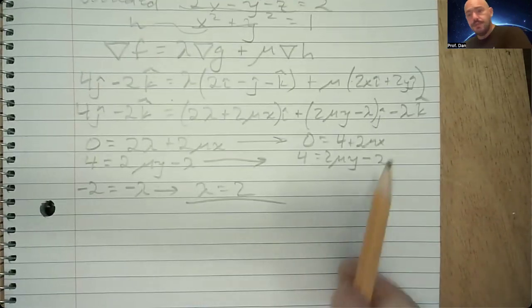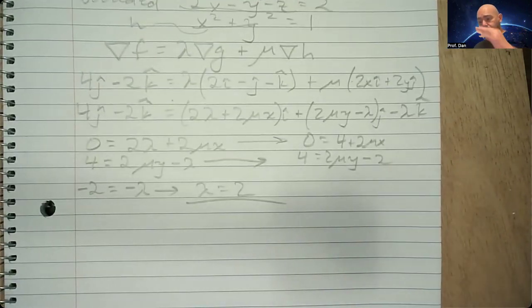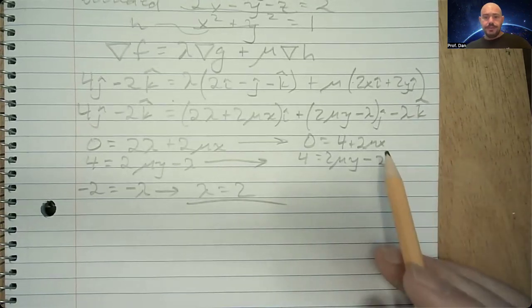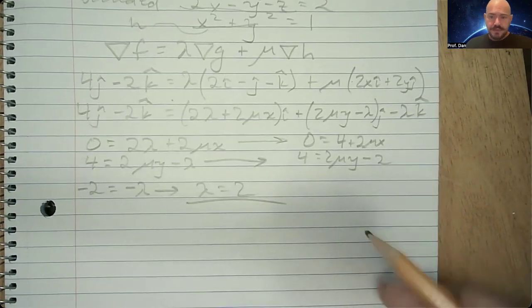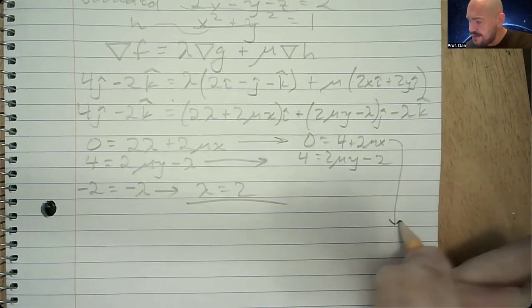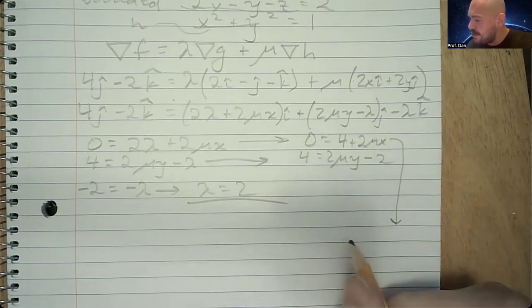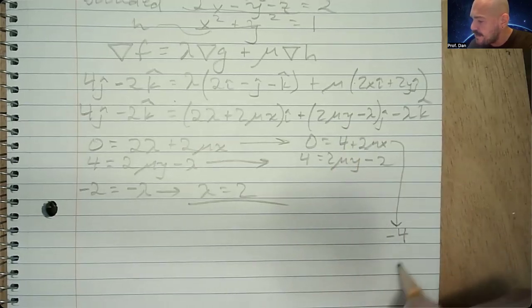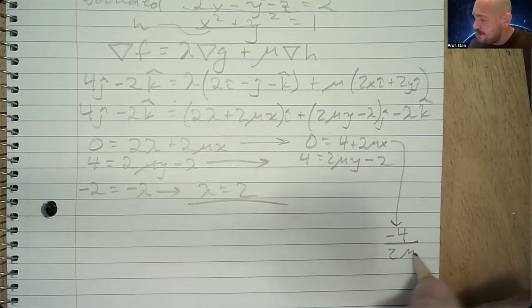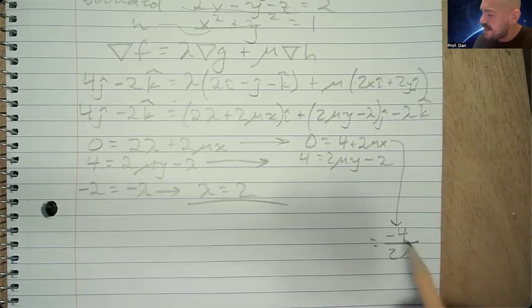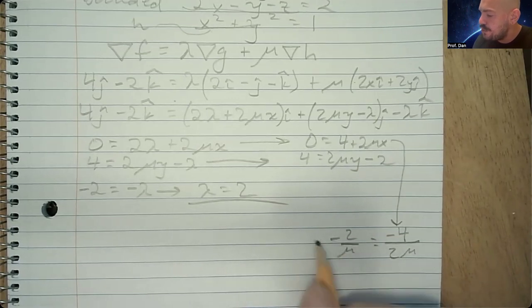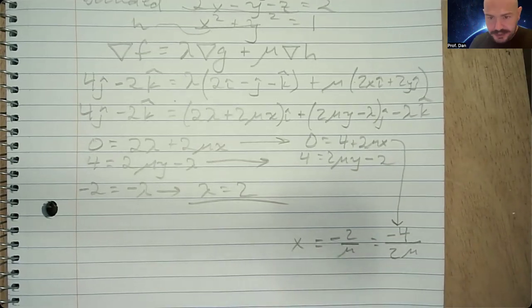Now, at this point, we're going to do what we did in that first example. We're going to solve for x and y in terms of the Lagrange multiplier mu. So if I take this equation and I solve for x, I would start by subtracting 4. Then I would divide by 2 mu. If I simplify that, I end up getting negative 2 over mu, and that's my x.